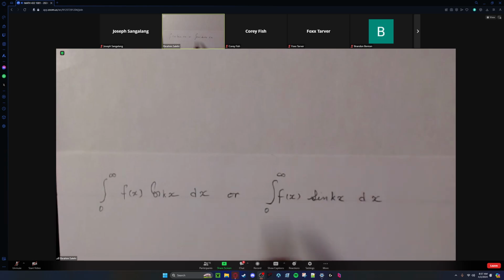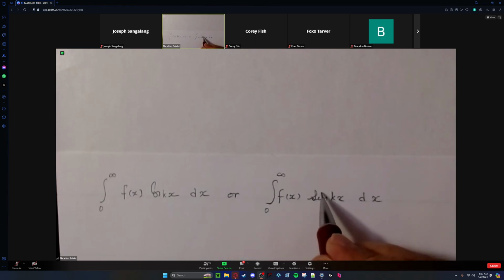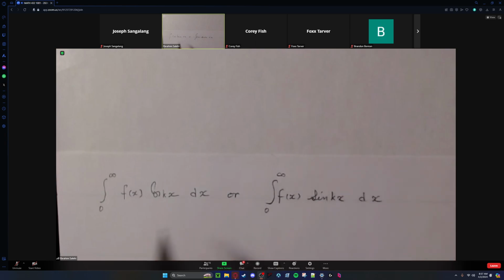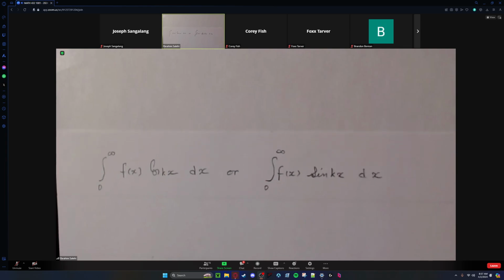So how do we take care of these type of integrals? And of course, if the function is even, this will be half of negative infinity to infinity. And even if it is not from negative infinity to infinity, they call it principal value of, or Cauchy's principal value of that integral.